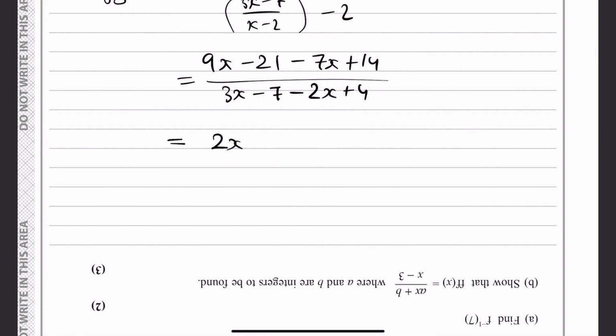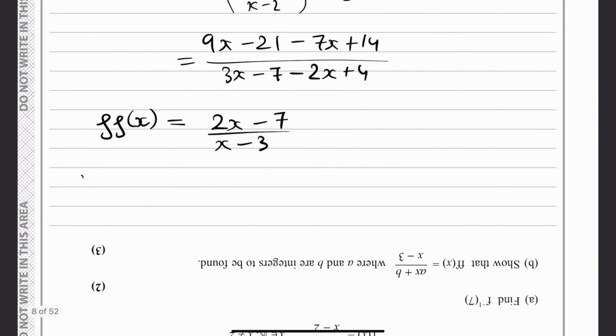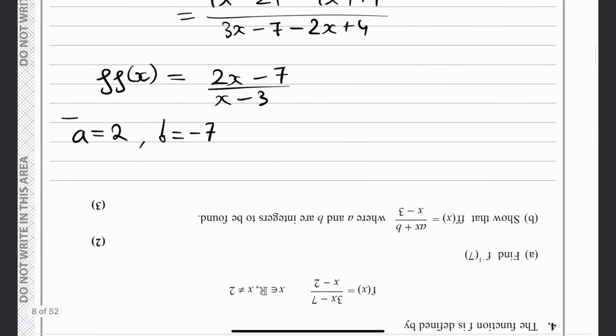So (2x minus 7) over (x minus 3). Okay, and that's f of f of x. So we have now got a is equal to 2 and b is equal to minus 7. All right, that is good work.